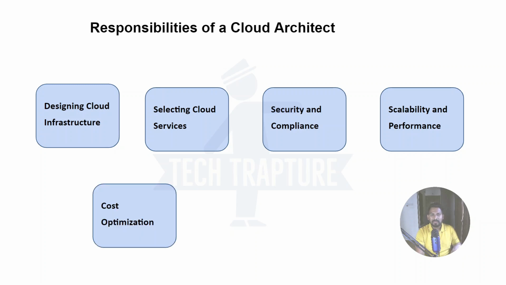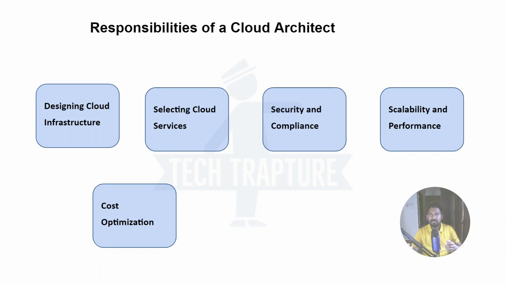Again, cost optimization. As I discussed earlier, the role of a cloud architect is optimizing the cost. If you have already created infrastructure, cost optimization is always in the picture. Suppose you created a virtual machine and decided you need 100 GB or 20 GB of RAM, but now your application is running and you observe that it is not using more than 10% of RAM.